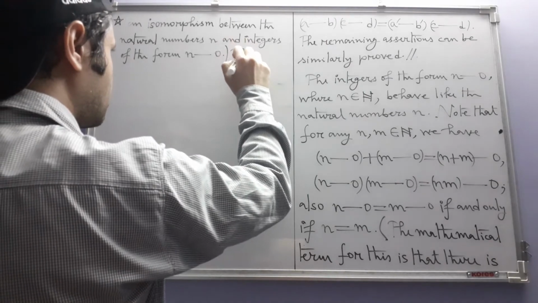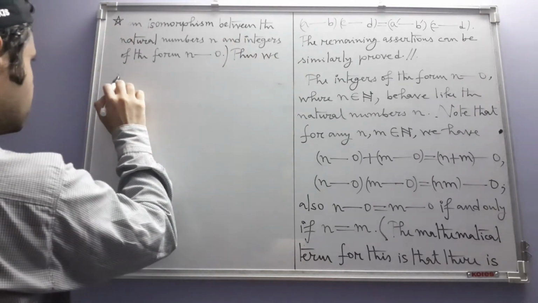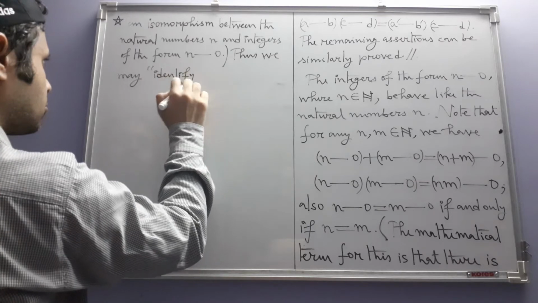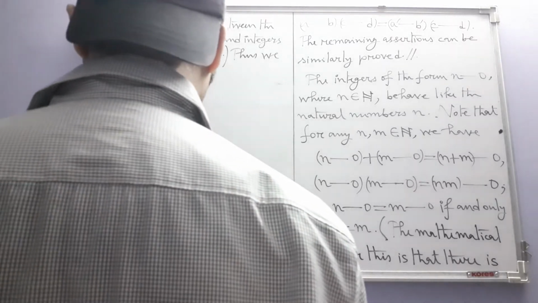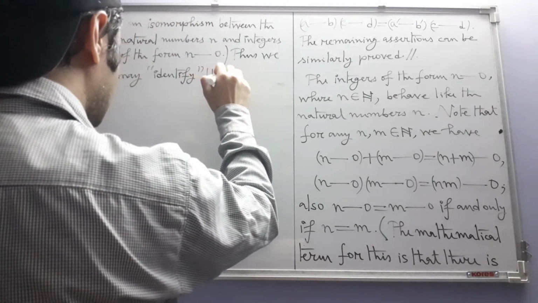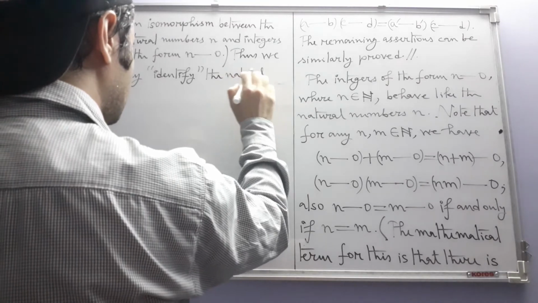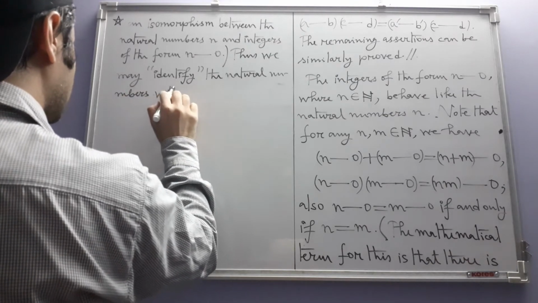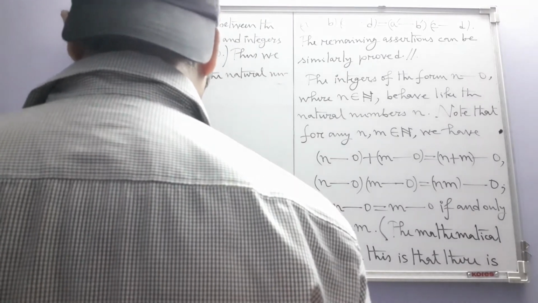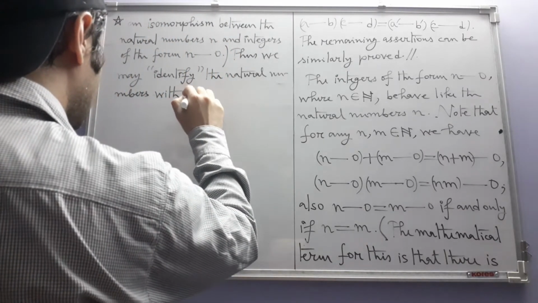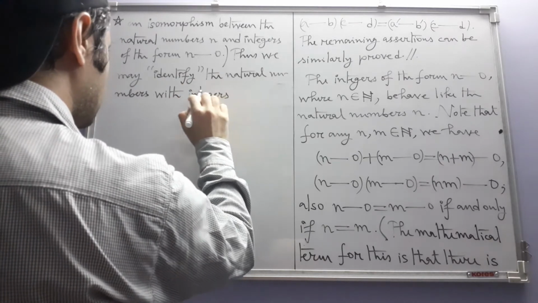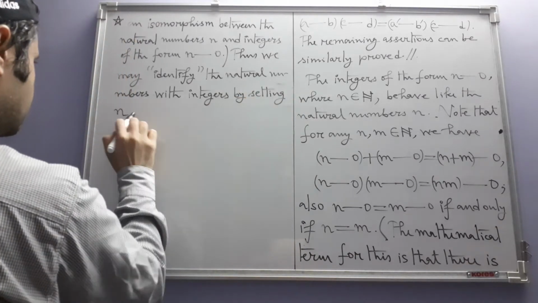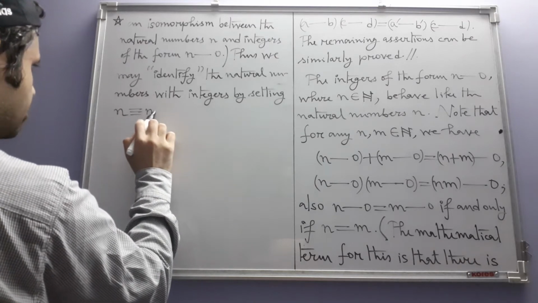Thus, we may identify the natural numbers with integers by setting this equivalence.